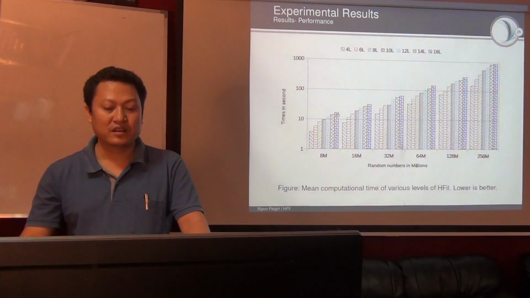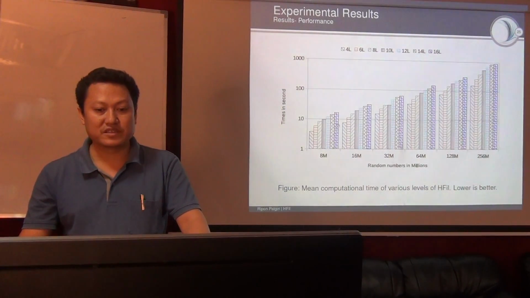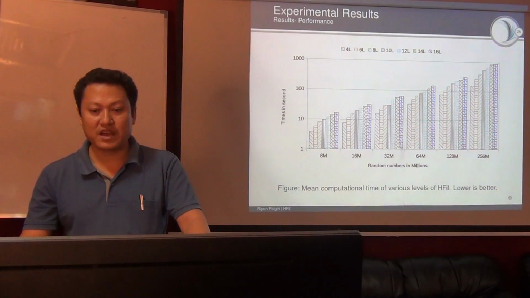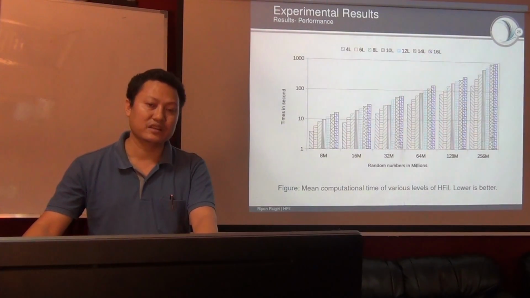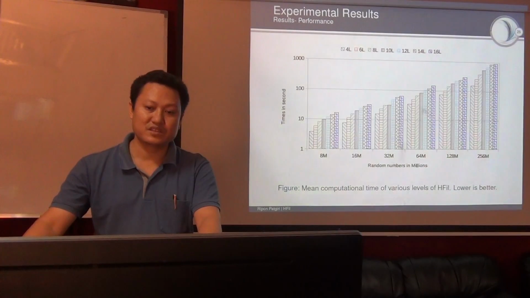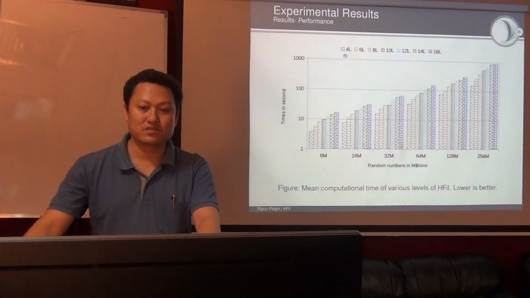This is 16L for 8 million, and 16L is the slowest. This is for 4L, and this is for 16L. As we see in this figure, 16L is the slowest and the fastest one is 4L.